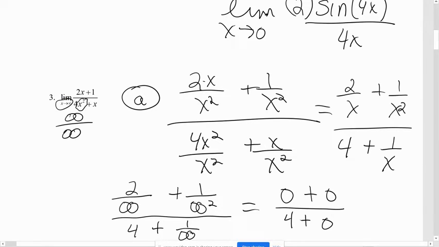And so this becomes 0 over 4. And that is 0. That is not indeterminate. We can have 0 in the numerator as long as we have something else in the denominator besides 0. All right, so the limit as x approaches infinity of this function is 0. Okay, so I'm about to erase this, and then we'll go to L'Hopital's.